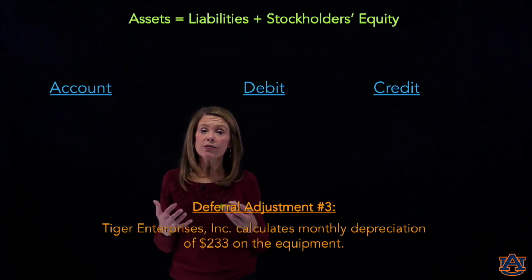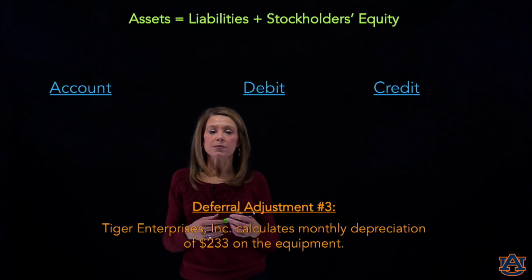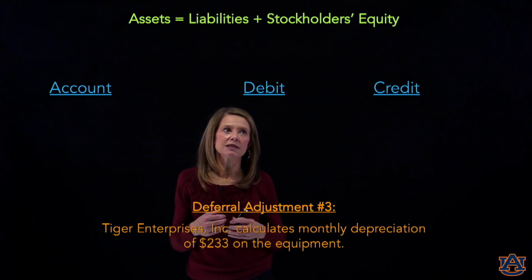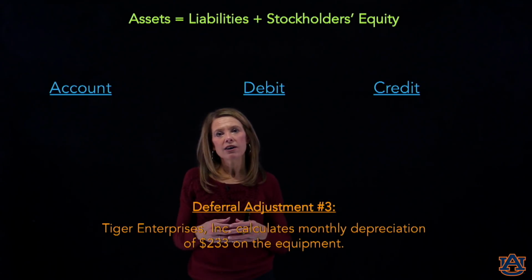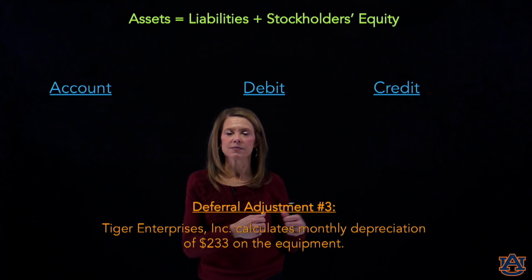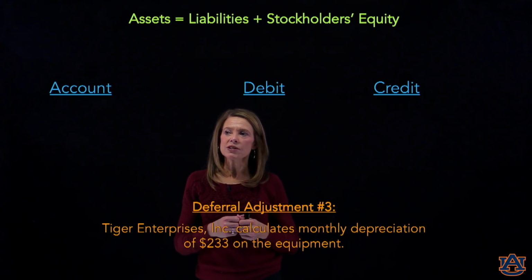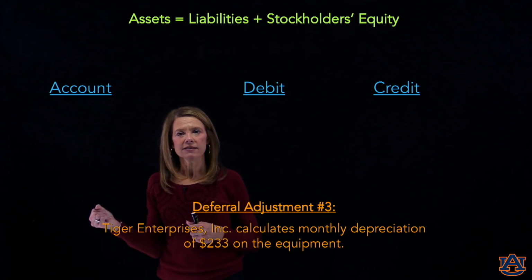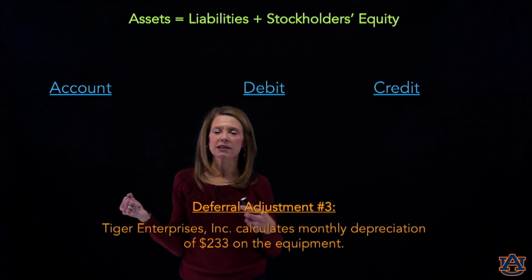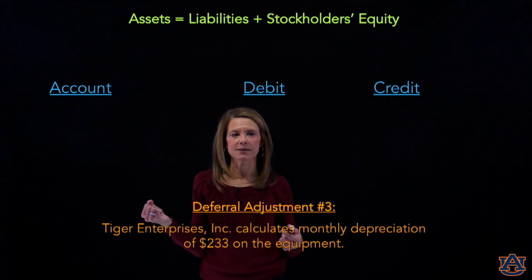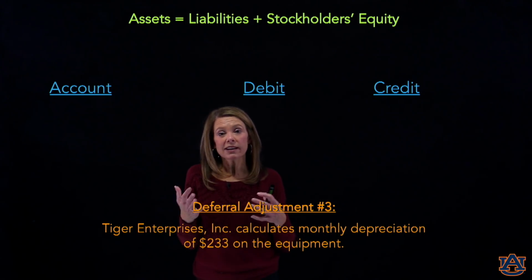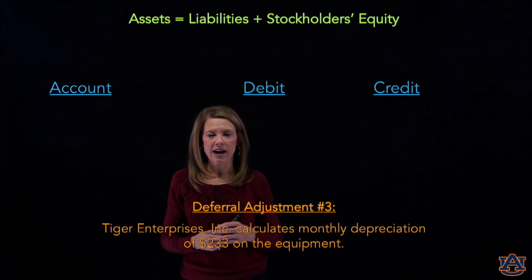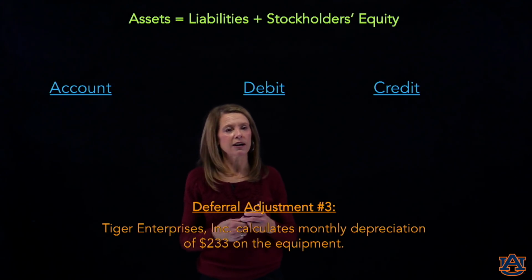And then over time, we record depreciation expense, and that depreciation expense is an estimate of the using up of that asset. So the resource or asset is increased whenever we buy it, and then over time we recognize the using up of that asset. So we're dealing with an expense here, and the expense of depreciation that we have is $233.